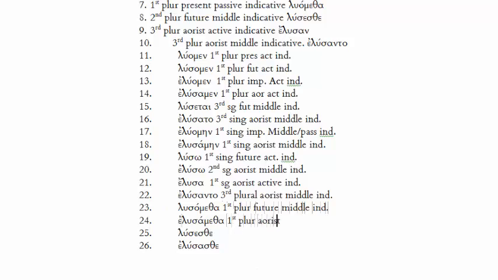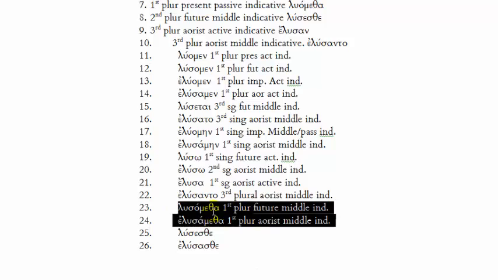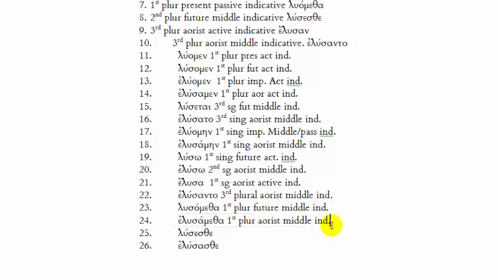In this case, for an aorist, though, it's strictly a middle form. Why? Because the passive is a distinctive form, just like with the future. Both of these are strictly middle. They can't be passive.